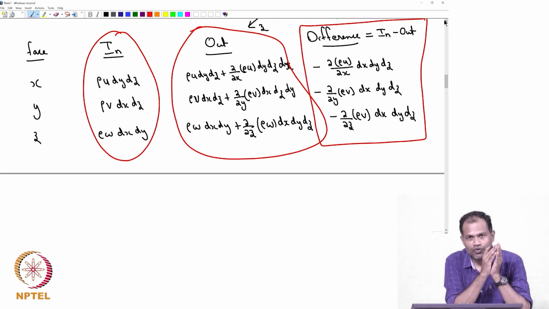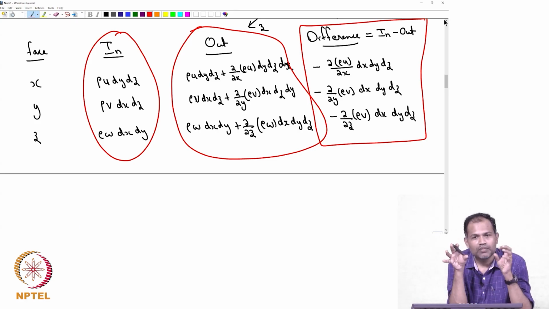A certain amount of fluid entered the volume and then a certain amount left. Whatever the difference is, that difference will constitute a change in the mass in that particular element, right. So, in minus out should give rise to the accumulation.